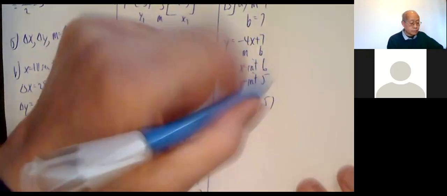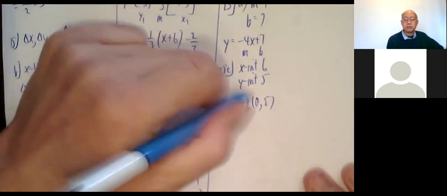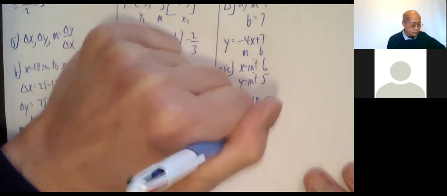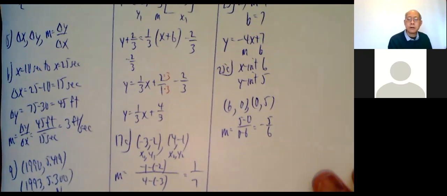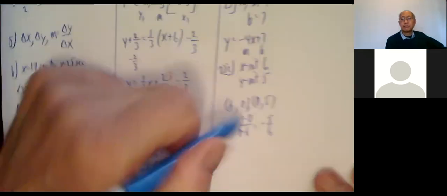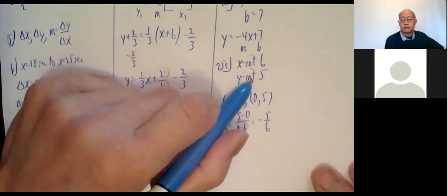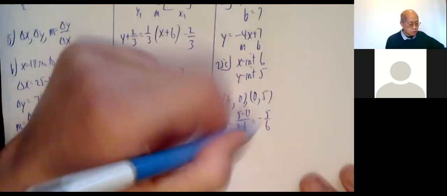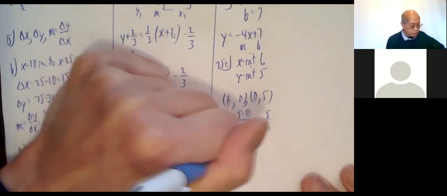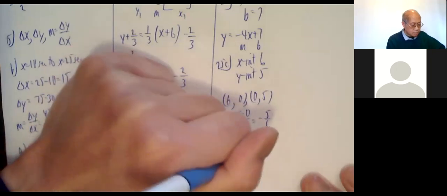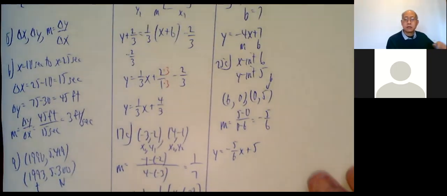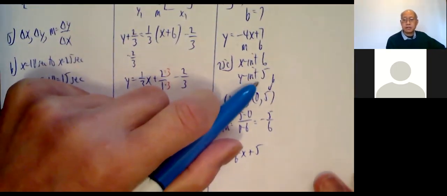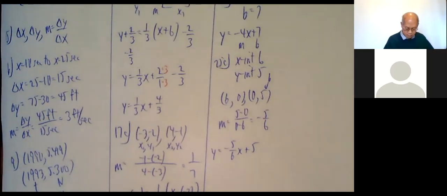Okay, so you have it. Find the slope. 5 minus 0 divided by 0 minus 6, which is negative 5/6. The b is 5. So y equals mx plus b. Y equals negative 5/6 x plus 5. Y-intercept, same as b, it's 5. Okay.